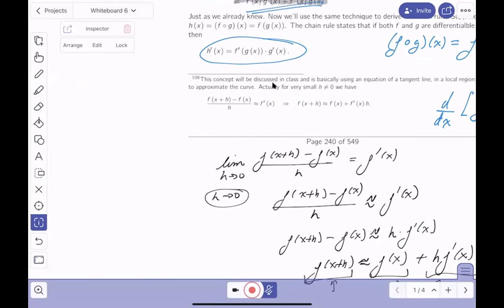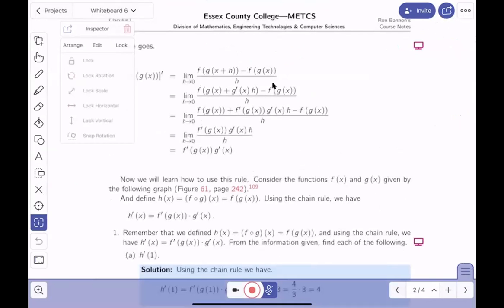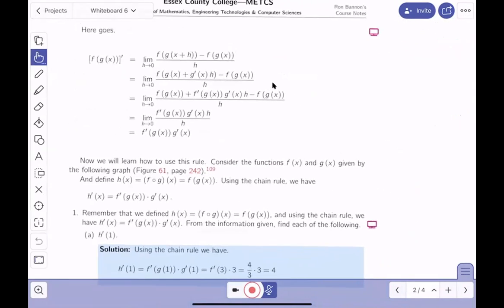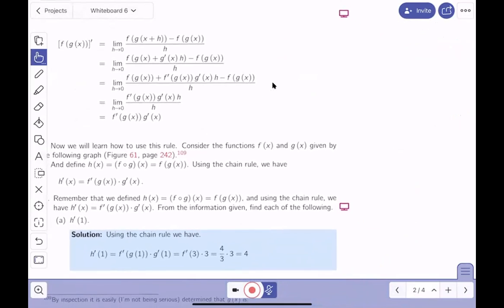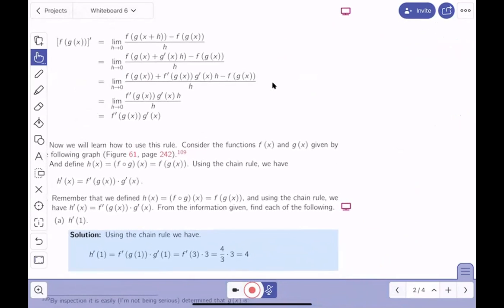So what I'm going to do is go to the next page, and give me 1 second here. And I want to do the derivative using a local linearization. I'm going to paste that thing I just talked about before on the side over here, because we're going to need that.